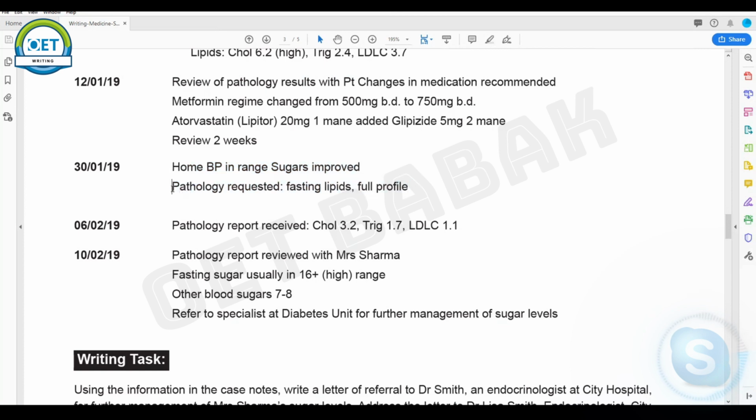The next date is the review of 2 weeks, but review can be by phone because everything is normal, so you don't need to make an appointment to see this patient. I didn't know.